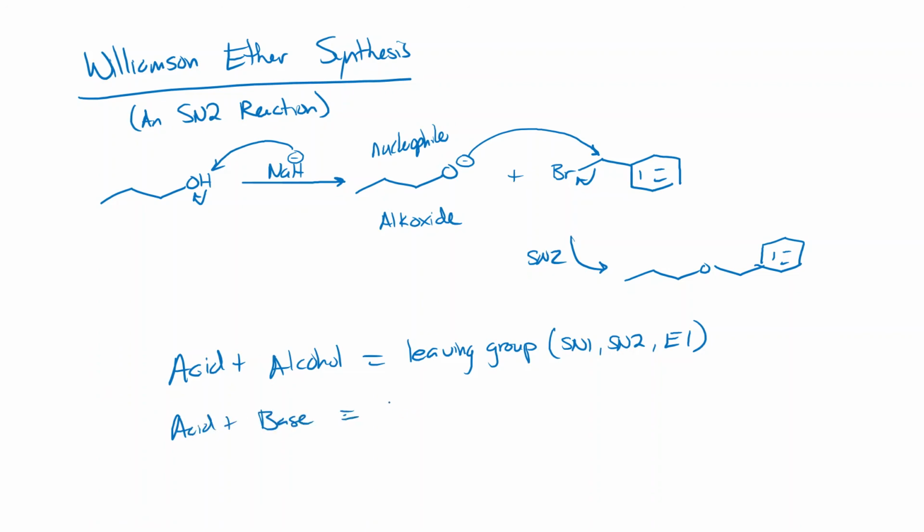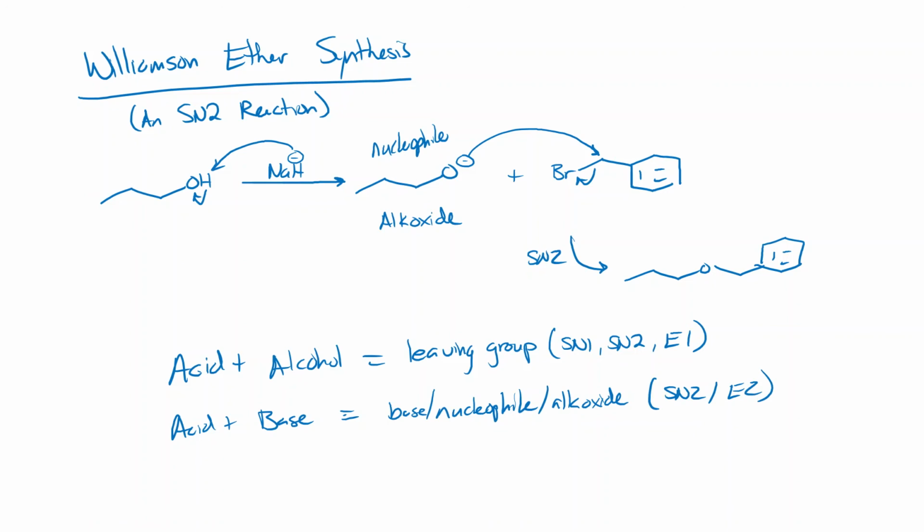Okay, alcohol plus base. That makes a base, a nucleophile, an alkoxide, right? And if we have an alkoxide in our reaction, we're talking about, are we going to do SN2 or are we going to do E2, right? If we have that good of a nucleophile or that good of a base around, we're not going to be making carbocations.